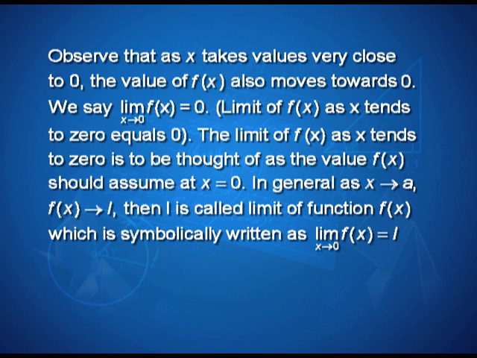In general, as x tends to a, if f of x tends to L, then L is called the limit of the function f of x, which is symbolically written as limit f of x is equal to L as x tends to a.